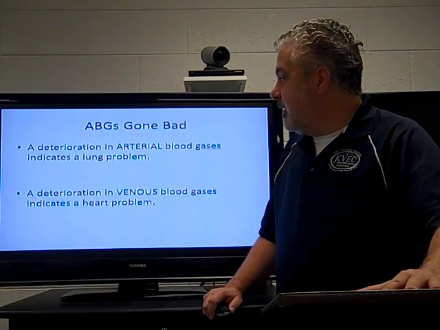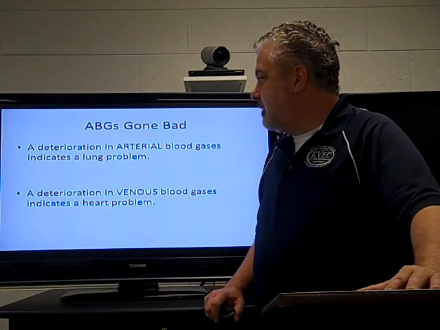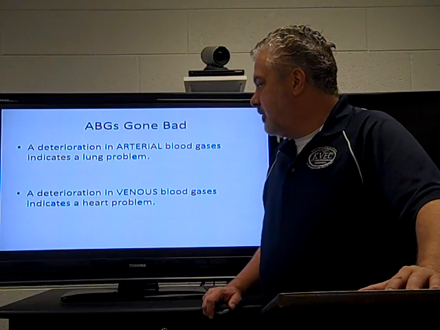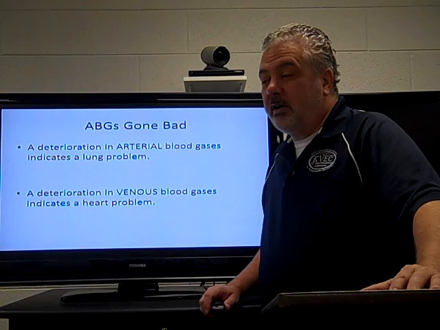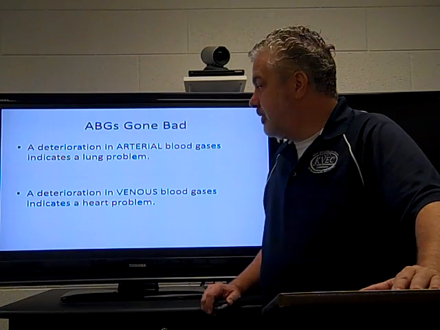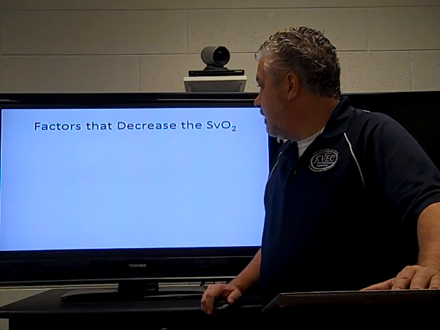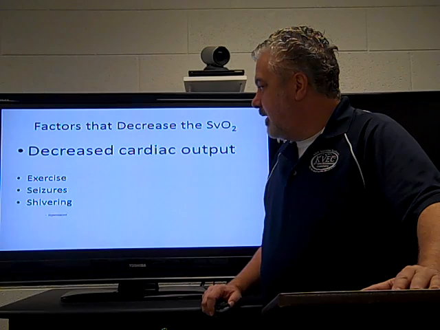I think there's a slide about this. It says deterioration of arterial blood gases tells of lung function and a lung problem, and deterioration of venous blood says heart problem and some abnormality with heart function. Decreased SvO2 is a decrease in cardiac output.